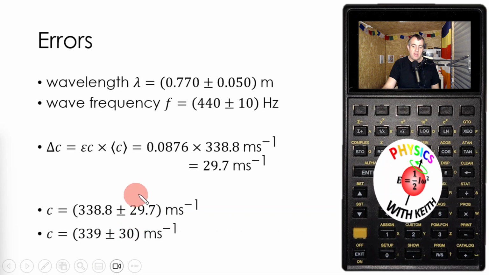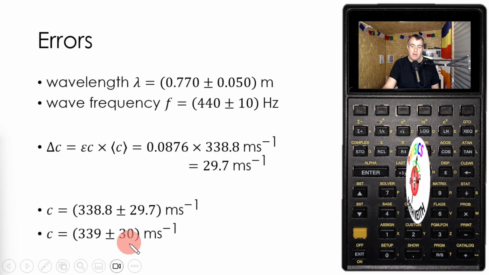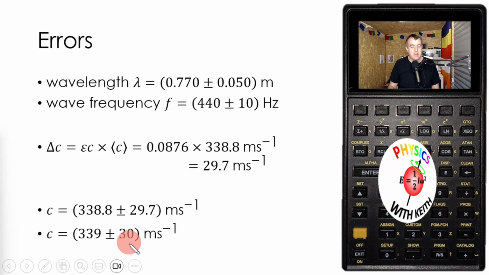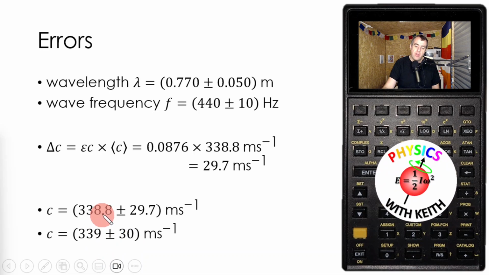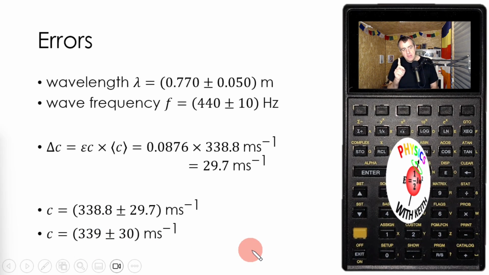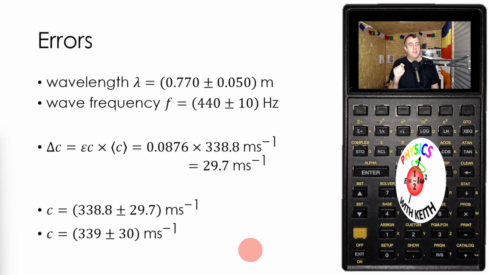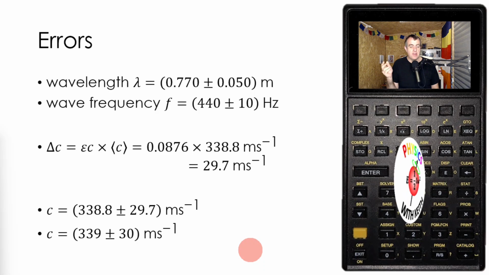I've taken my absolute uncertainty, 29.7 meters per second, and I've rounded it to two significant figures, as I said we would, but I've also rounded away the decimal place. And that's important. We do want the answer to be presented to the same number of decimal places as the uncertainty.